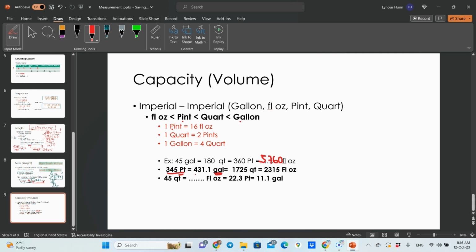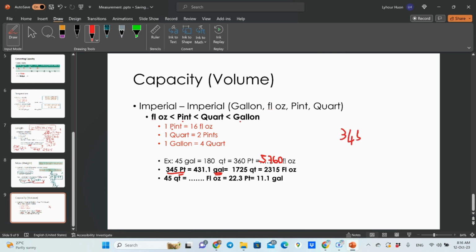Divided, but the result seems not okay. But divided is the correct answer. How do we divide pints to gallons?